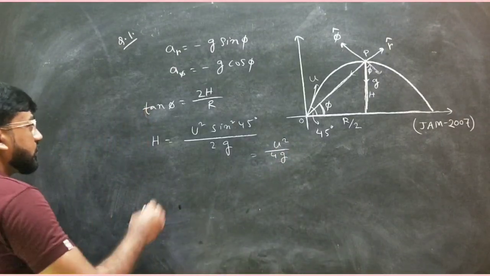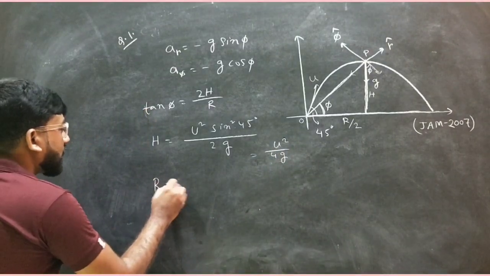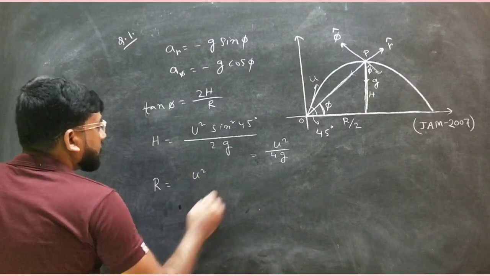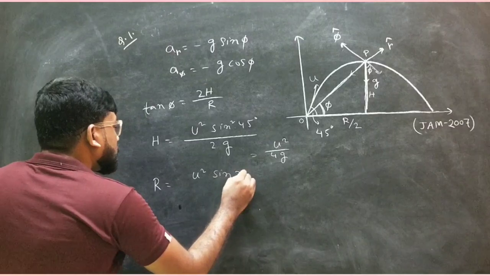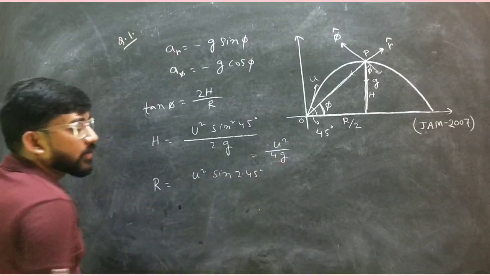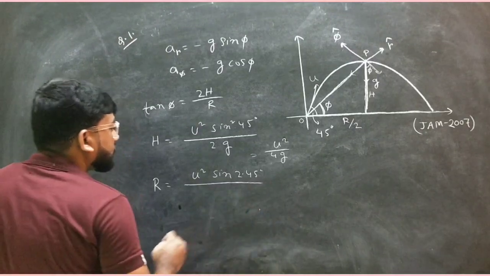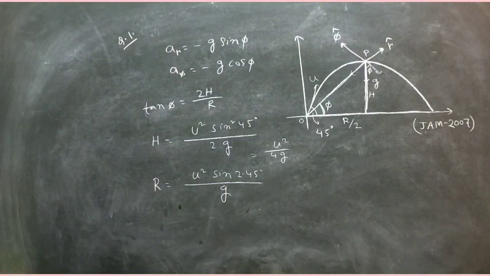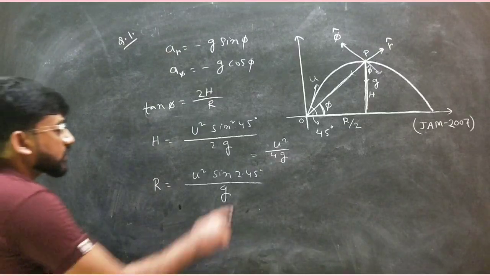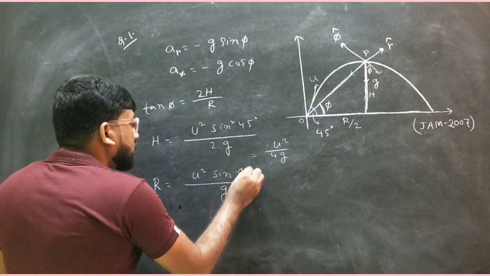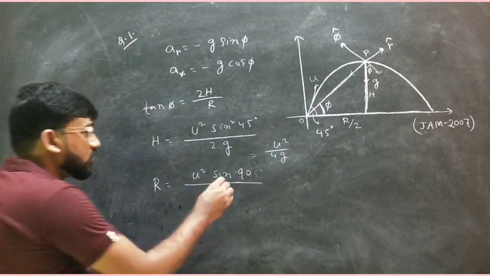And now what will be your R? R is nothing but u square sine 2 alpha by g. Here 2 into 45 degree means sine 90, and sine 90 is 1, so it will be just u square by g.